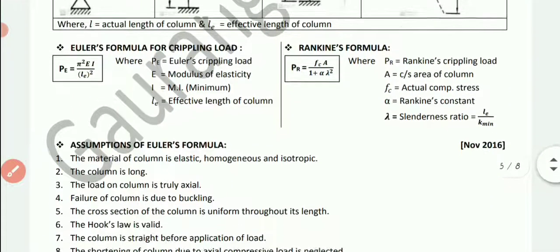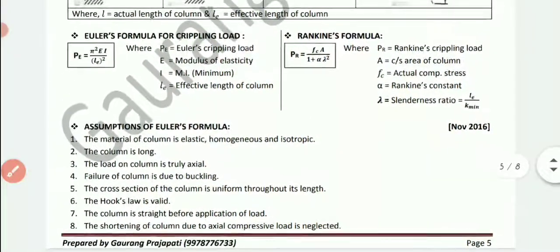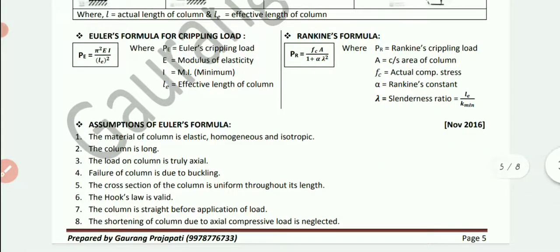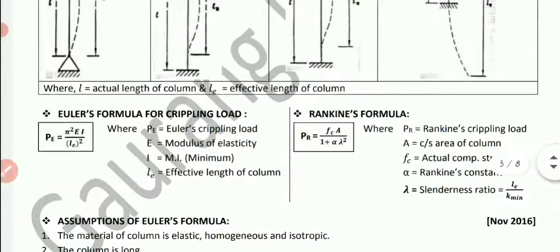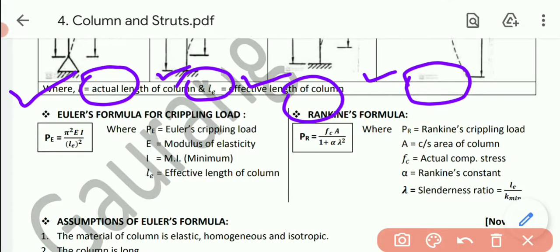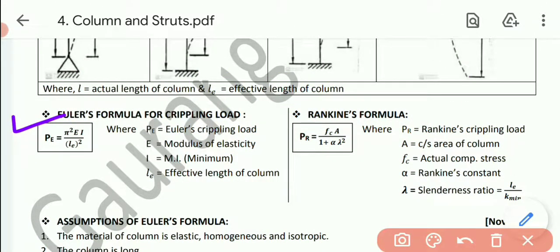And in the last, now we will apply two kinds of formulas, or we can say loads, which will be used during the examples. First case, that is Euler's formula for the crippling load.